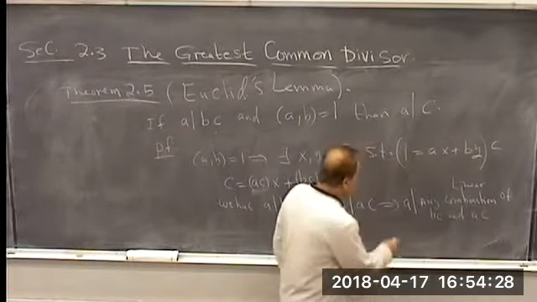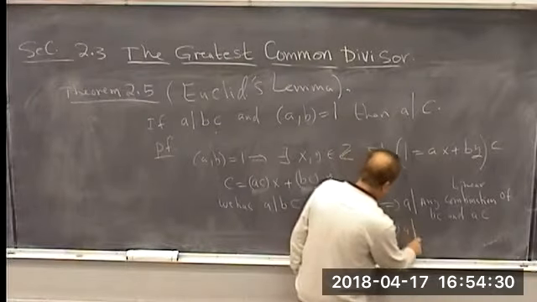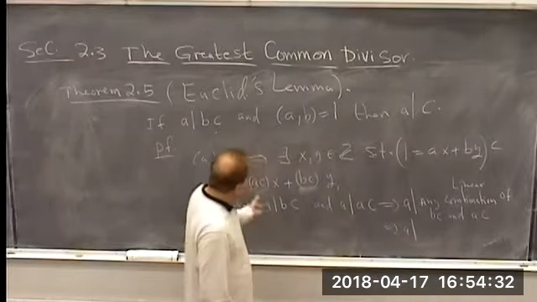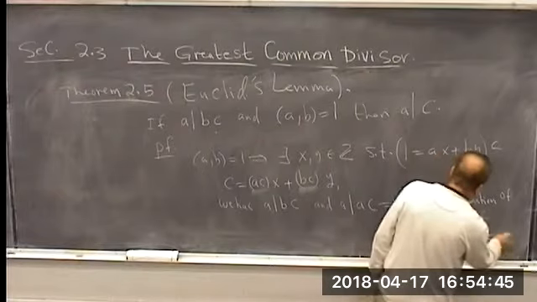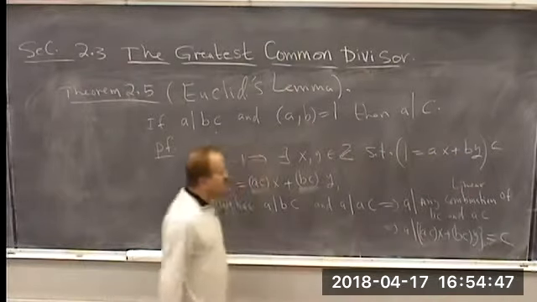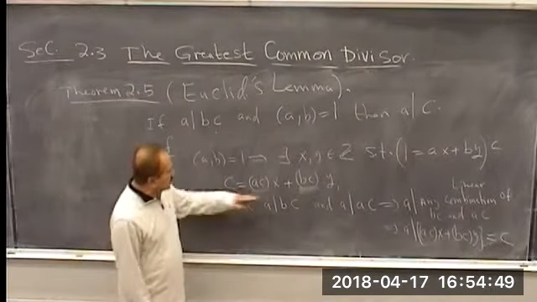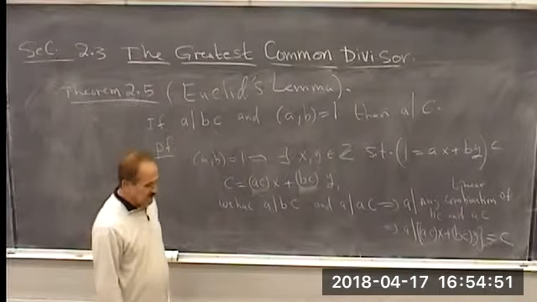So in this case, we take the linear combination to be ACx plus BCy. But this combination is equal to C. This is equal to C, so this implies A divides C.